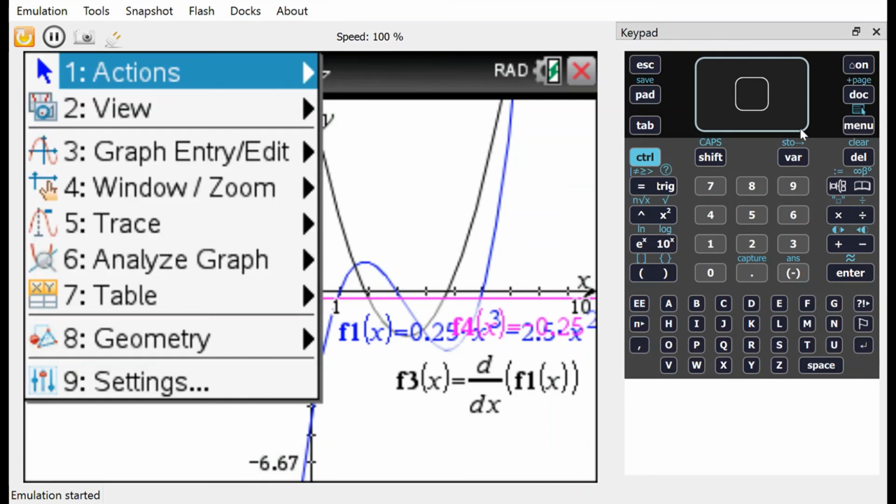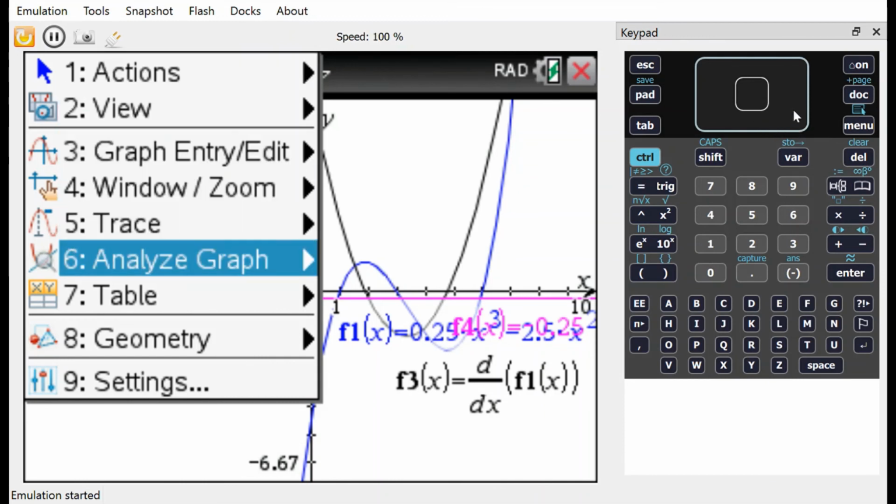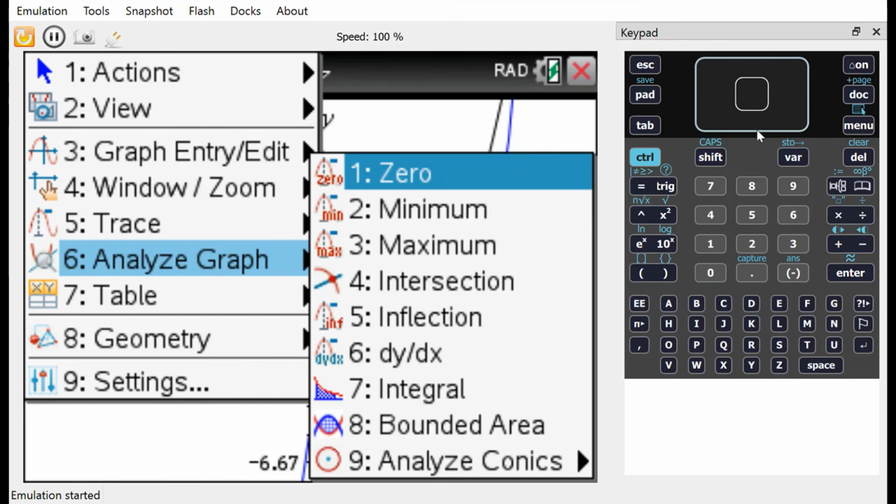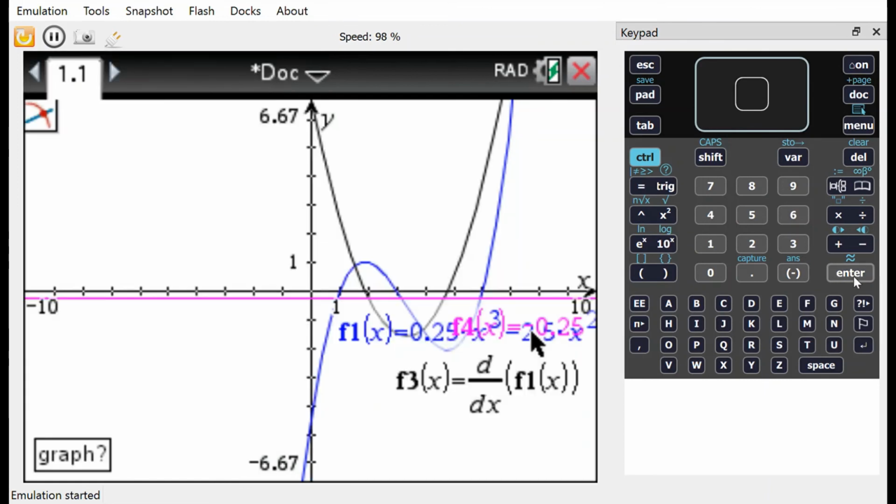So I'll go to my menu, I'll do my analyze graph. I'm going to go to intersection. I want to find the intersection between the two graphs. So the first graph that I want is this horizontal line, and then also my derivative, okay?